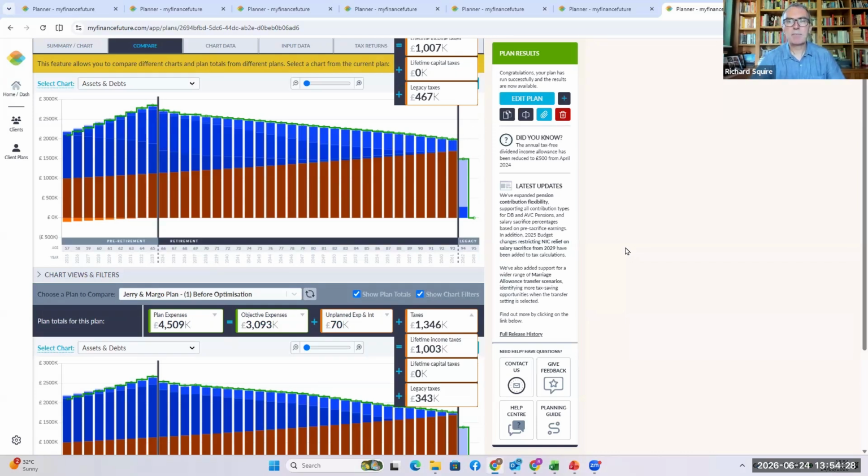Slightly higher lifetime income tax, because I guess we've managed to grow our wealth a bit more by putting more into pensions, which grow more, and so you end up with a bit more tax on withdrawals, but not dissimilar in terms of the income tax between those two scenarios. And those, I should also say, are in current pounds. So for comparability's sake, that's the total tax across the plan in current pounds.